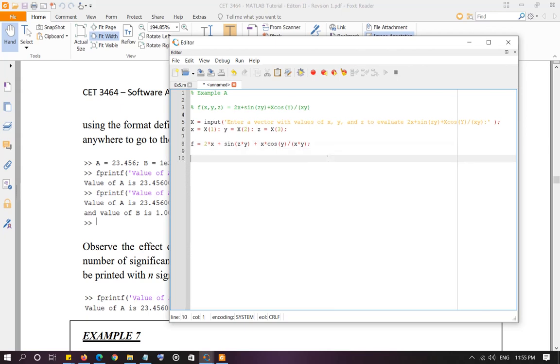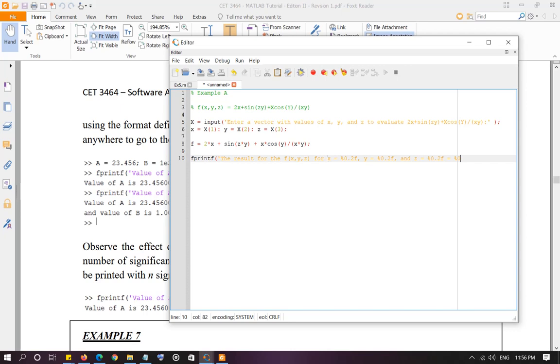And now if I want to print using fprintf the result for f of x, y, z: for x equal percent 0.2f, and I'll let you know why I'm using 0.2. y equals percent 0.2f, and z equal percent 0.2f is equal to percent 0.2f, and then backslash n, new line.